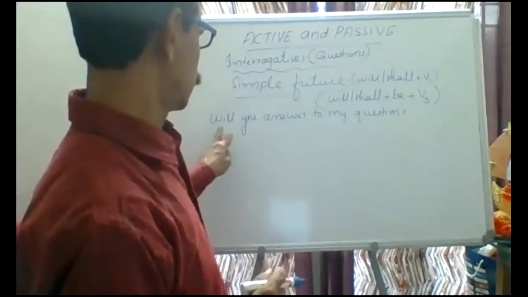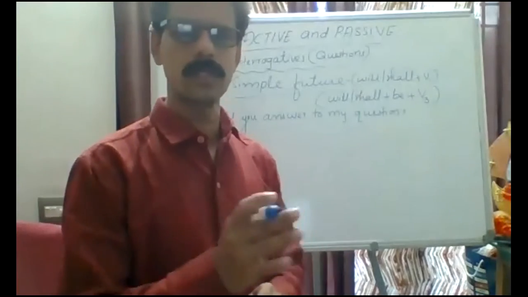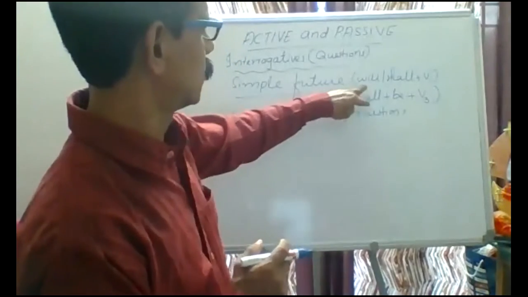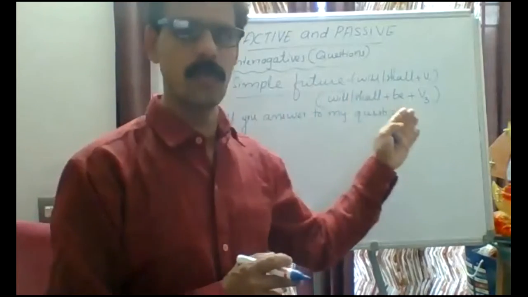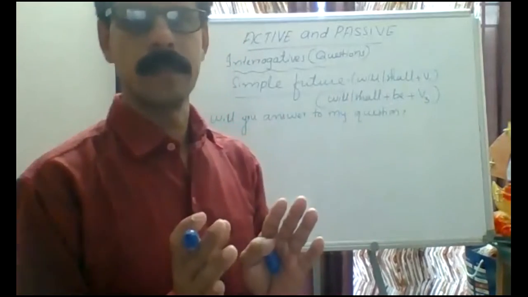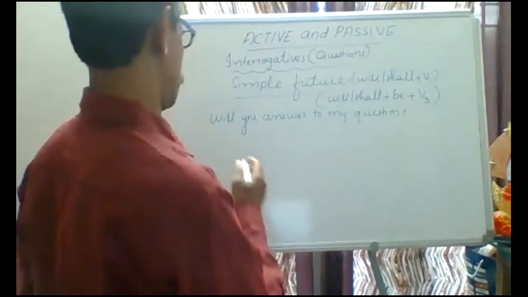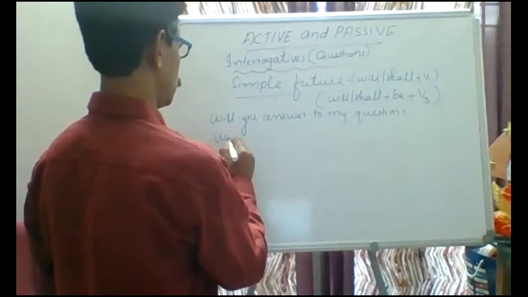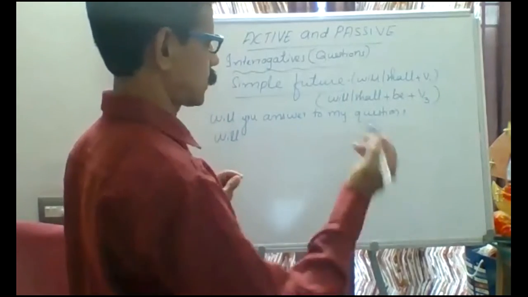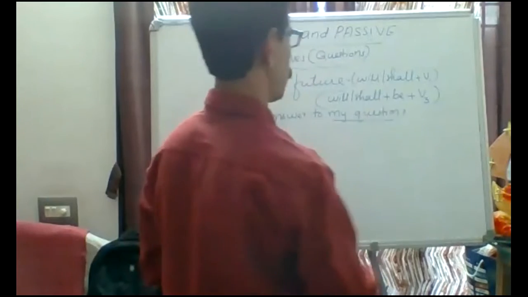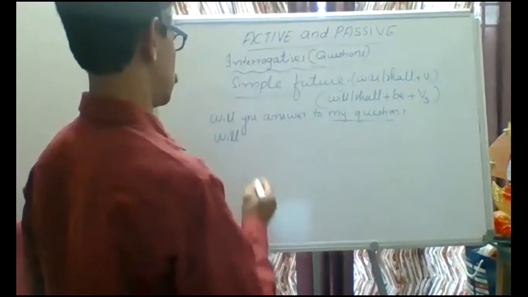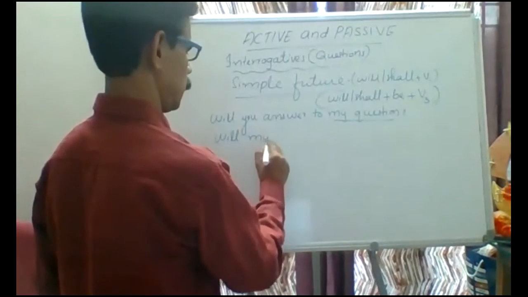What is the word used here? The same helping verb, because in both the structures, active and passive, the same helping verbs are there. So let us start the sentence with the same will. The next idea is, we have to take the object. My question is the object. Will my question.